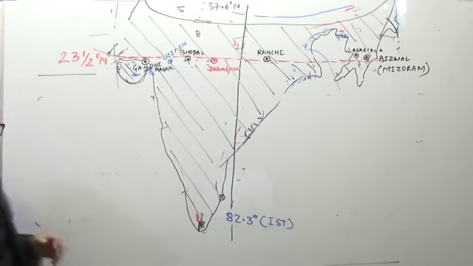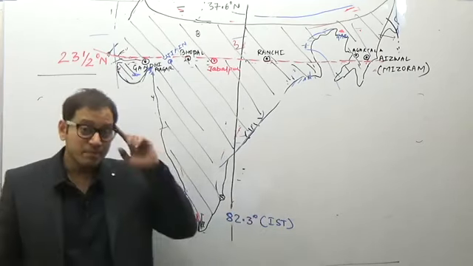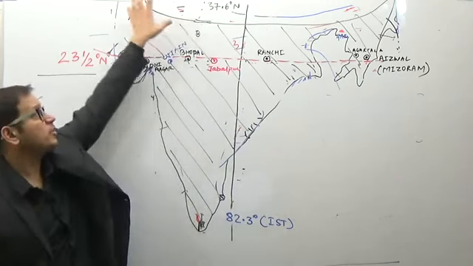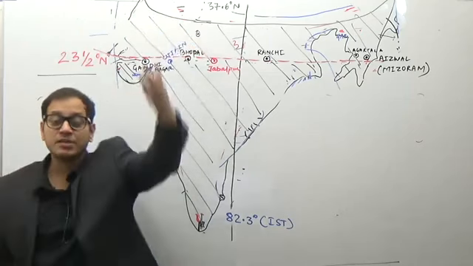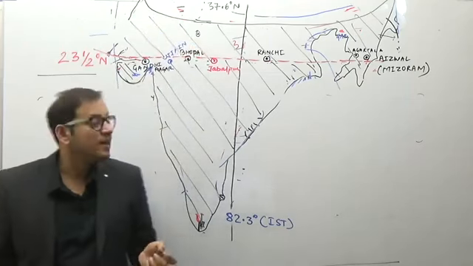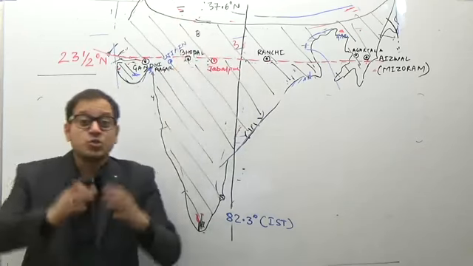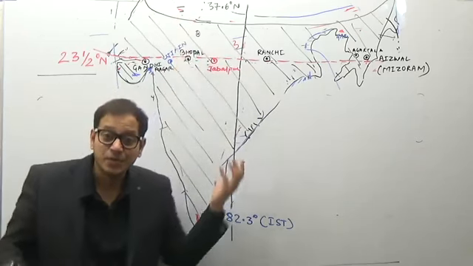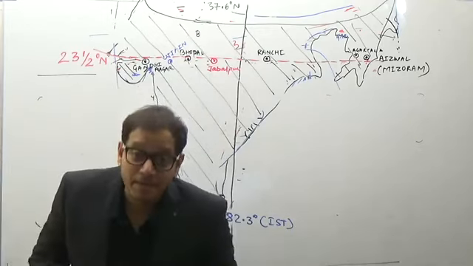Can you see? I will again shade this part. Which is larger in dimension, to the north or to the south? Remember, the territory to the north, because of the limitation of the board, I have shown Himalaya downwards, otherwise it won't be visible to you in the camera. The territory to the north of the Tropic of Cancer is twice as much as the territory to the south of the Tropic of Cancer, because India is a big country.